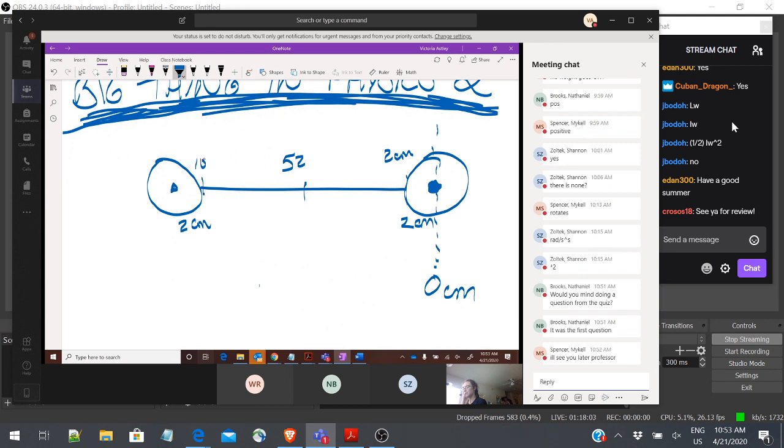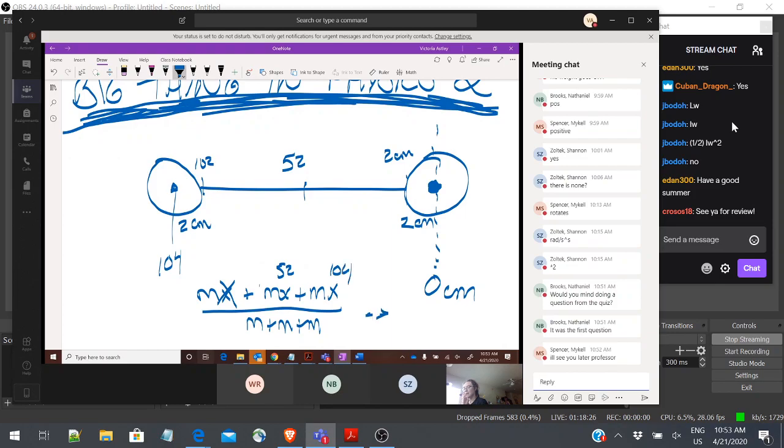This would be 102. This would be 104. So then when you do your mass times your x plus your mass times your x plus your mass times your x, divided by your total mass, right? One of these is 0. One of these is 52. One of these is 104.